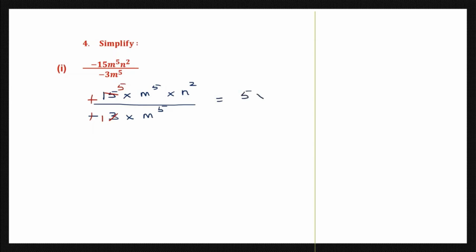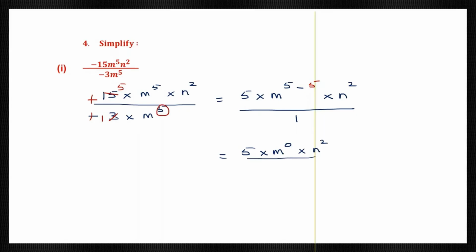5 into m to the power of 5 minus, I can take this 5 up, 5 minus 5 into n to the power of 2. So there's no more n, so I leave it as n to the power of 2 by 1. So this is 5 into m to the power of 5 minus 5 is 0 into n to the power of 2 by 1.